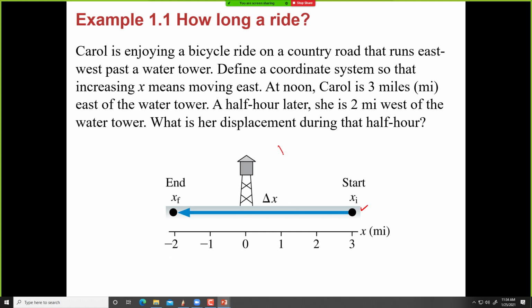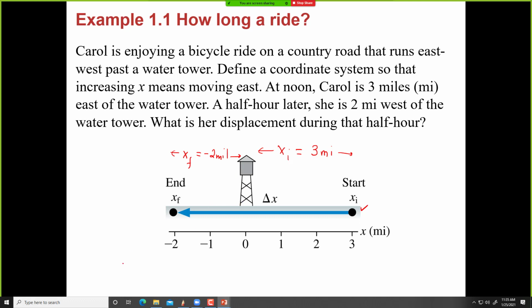So x initial is 3 miles, and x final is negative 2 miles. And again, the measurement is always with respect to the origin. I'm measuring from the origin.